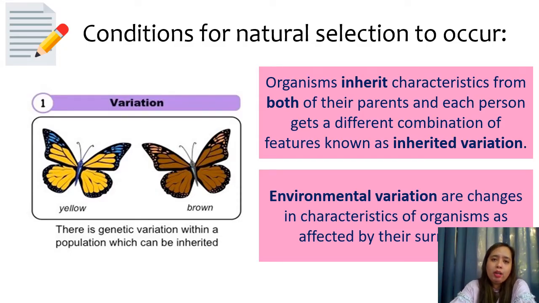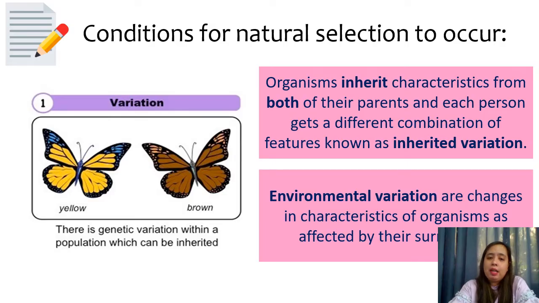So this is what I was talking about earlier, that sometimes because of a certain change in the environment, that change could suddenly wipe out most of the population, but those remaining and surviving could have a characteristic that would enable them to thrive in the new environment, and that characteristic will now be enhanced or passed on to successive generations.